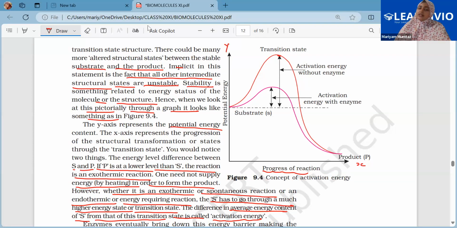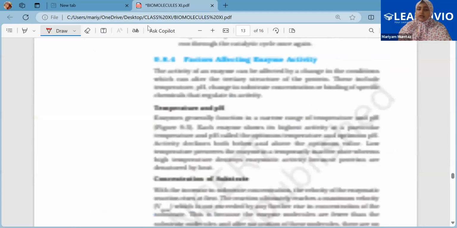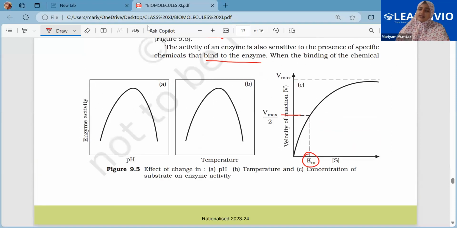Apart from that, they can also ask you out of these two, which one is enzyme mediated and which one is not. Now talking about these, they can ask you the effects of how pH and temperature affect it. So again, the denaturing and everything can be mentioned here.